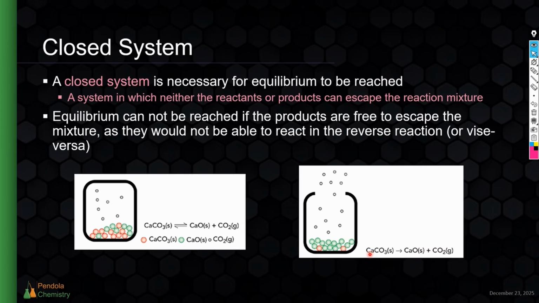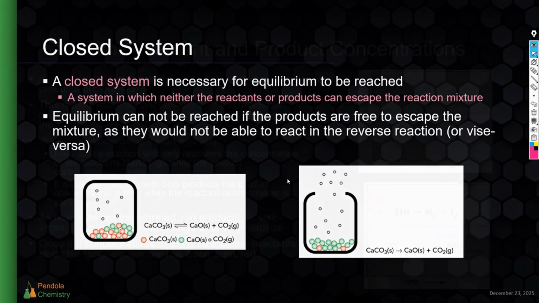Because of this, equilibrium reactions require a closed system so that the products of the forward reaction can actually be kept in constant touch with each other so they can actually undergo the reverse reaction. Because if one of those products is allowed to escape, then the reverse reaction cannot happen. So that's why an equilibrium reaction, to reach equilibrium state, needs a closed system. One where neither the reactants nor the products can escape and everything is constantly in touch with the other.